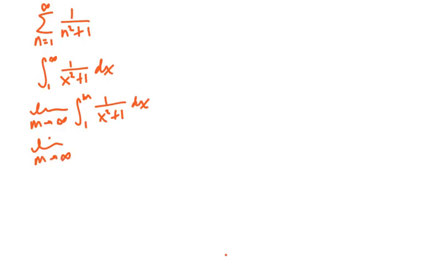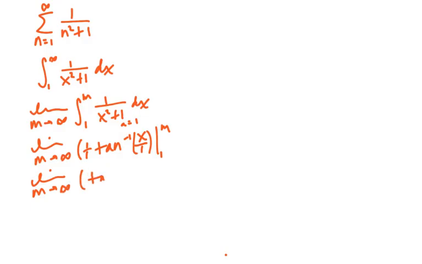Now that integration is not bad, but here we have the limit as m approaches infinity. The integration here is inverse tangent, where a equals 1, because that's the square root here. So we have 1 over 1 inverse tangent of x over 1 from 1 to m. Let's clean it up a little bit. The limit as m approaches infinity, the inverse tangent of x from 1 to m.